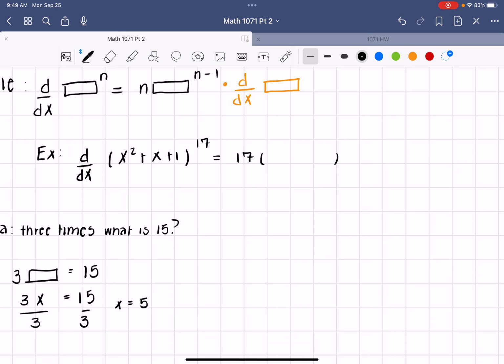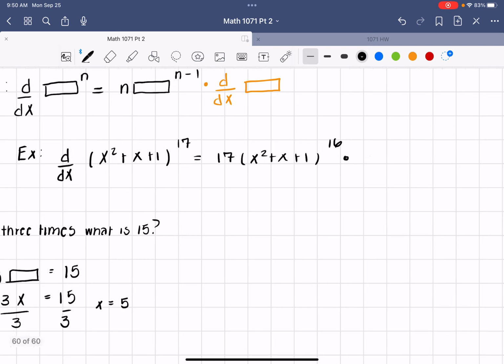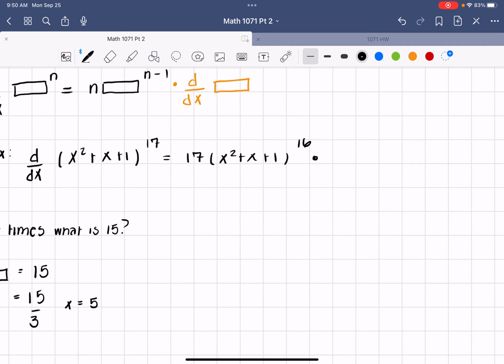That's your first step, where you recopy the inside. Step 2, you multiply by the derivative of the inside, which now is 2x plus 1. The derivative of x squared is 2x. The derivative of x is 1. Derivative of 1 is 0. That's an example of the chain rule. Let me do another example.